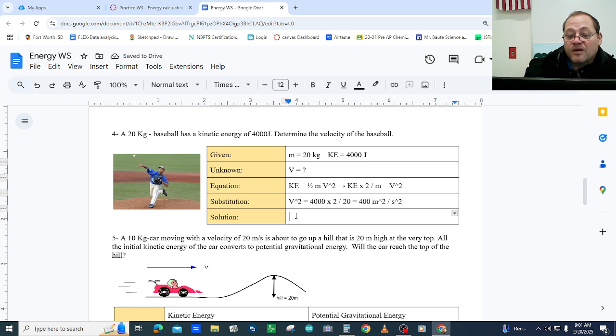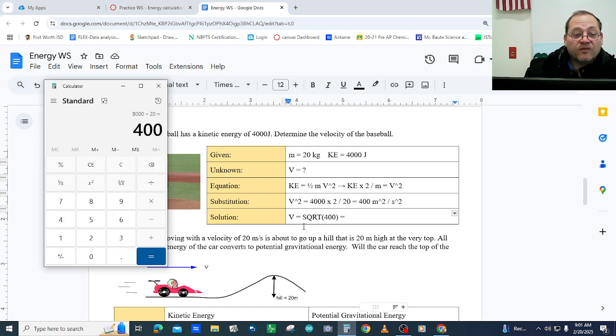So how do you get v? Well, v will be equal to the square root. You can put it this way in Google Documents of 400 meters squared per second squared, which is going to give you the answer in meters per second. So what's the square root of 400? Do we have that feature here?